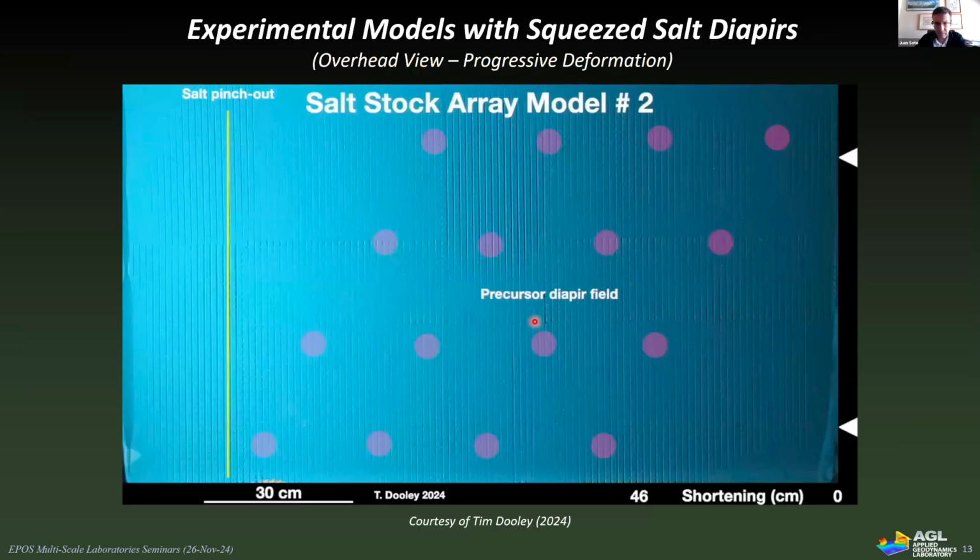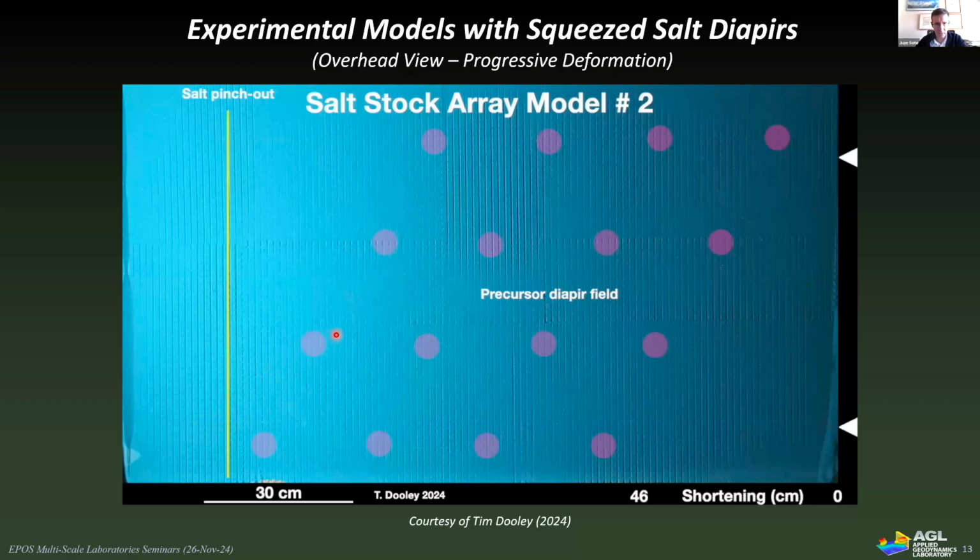So I think that probably to open the eyes to these ideas that are not new, in the sense that previous diapirs are important to explain the geometries in a fold and thrust belt, let's use some experimental models by Tim Dooley.